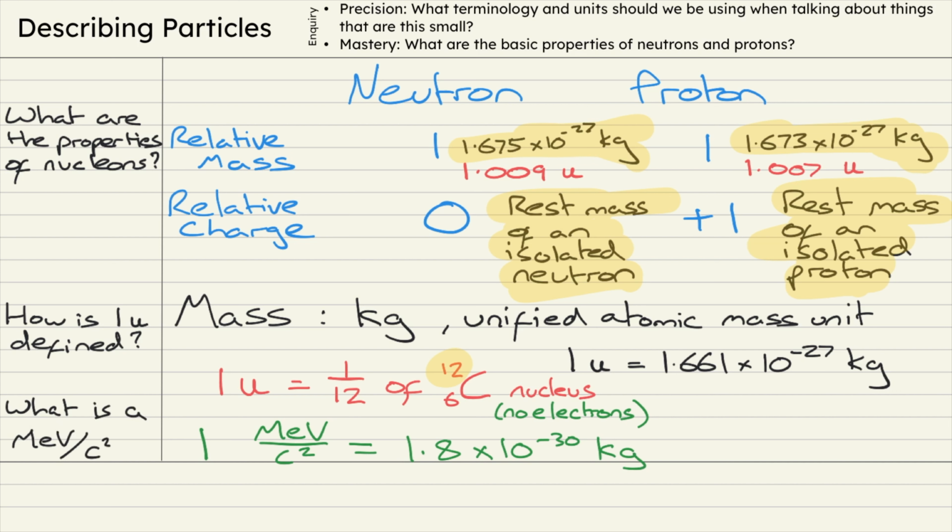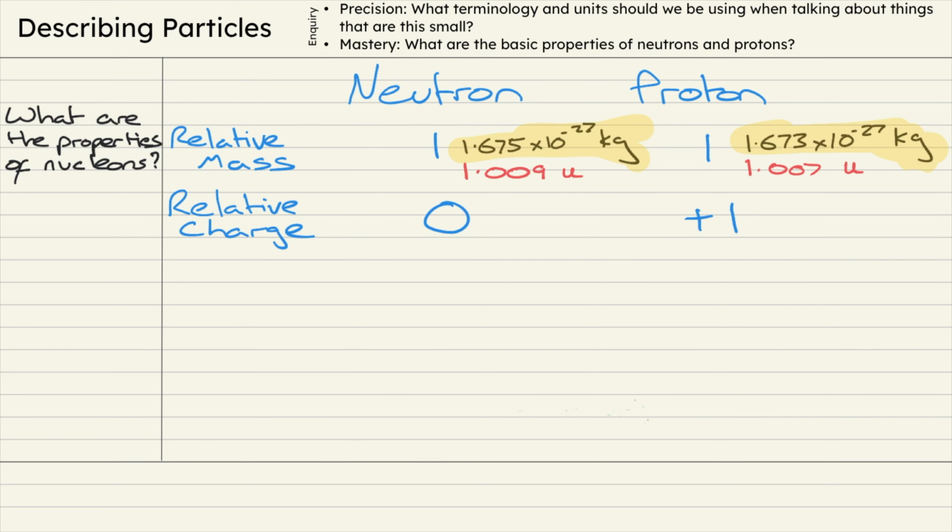So far we have managed to get 2 new units for mass, along with the kilogram. We have 1 U, which equals 1.661 times 10 to the minus 27 kilograms, and 1 mega electron volt over c squared, which equals 1.8 times 10 to the minus 30 kilograms.